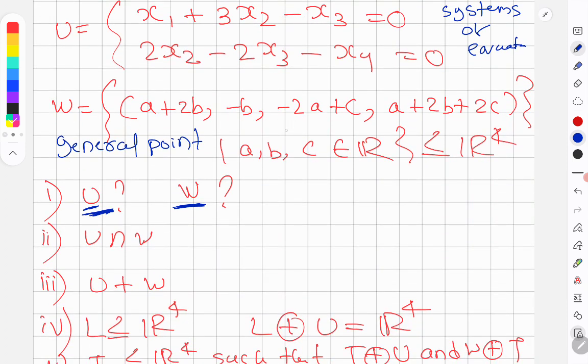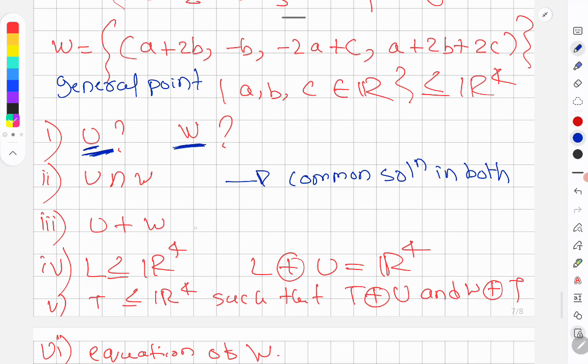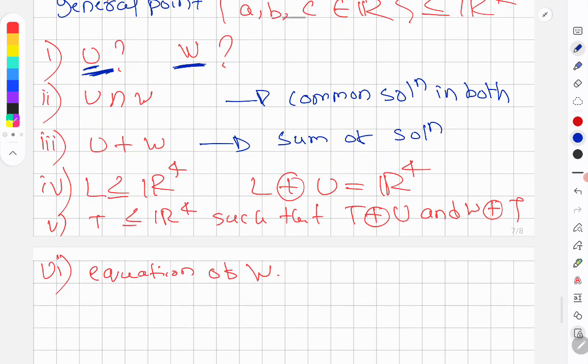Then you find the intersection U intersection W, the common solution in both. And this one is the sum of the solutions. I will tell you how to do it.